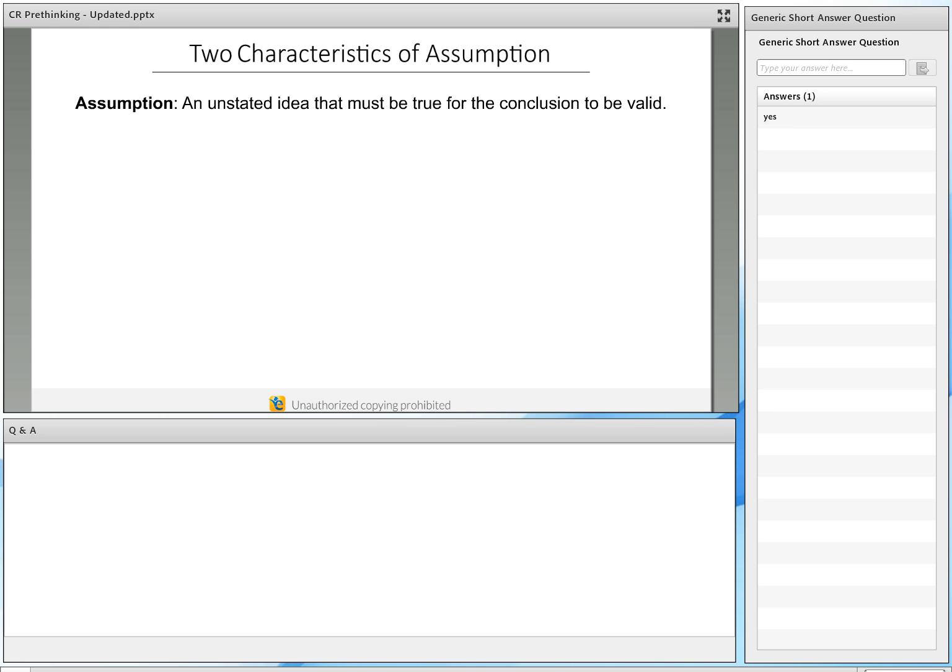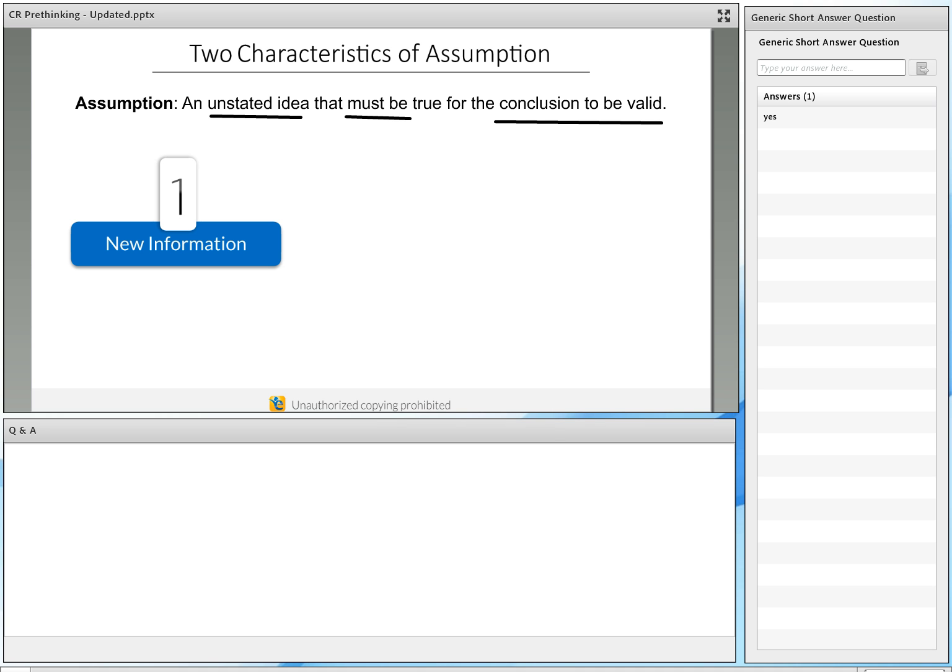An assumption is an unstated idea, which means you can't infer it from the argument, that must be true for the conclusion to be valid. The first thing which is really important is that an assumption must provide new information. The second is the assumption must be true for the conclusion to hold true. In other words, without the assumption, the conclusion can be invalidated.